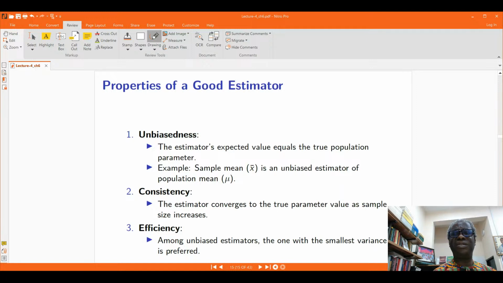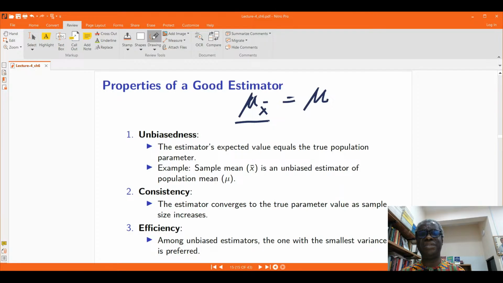You recall that we've talked about this expression. I hope you can still recollect. Equals mu. So you recall when we call this one the mean of the sampling distribution of sample mean, and we call this one the population mean.